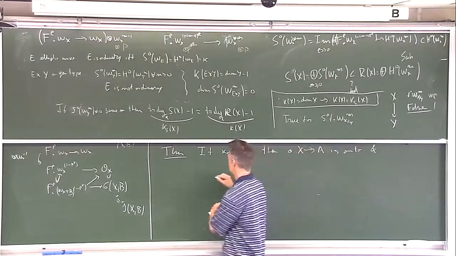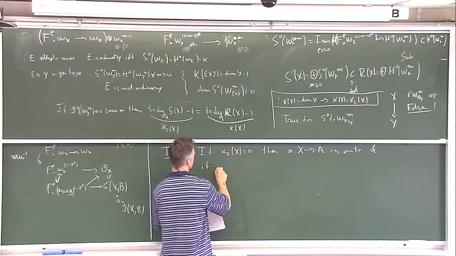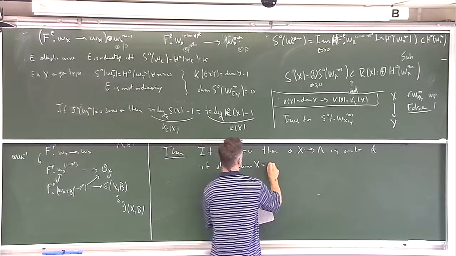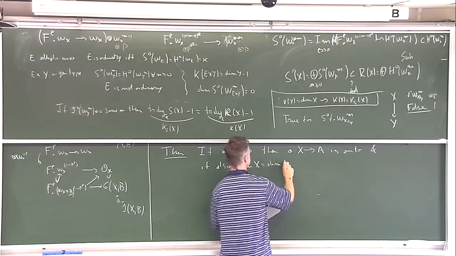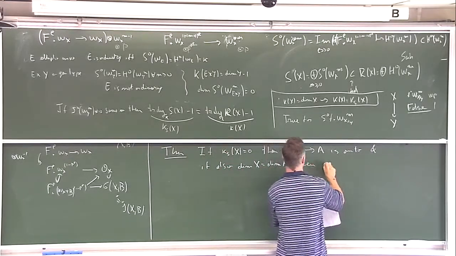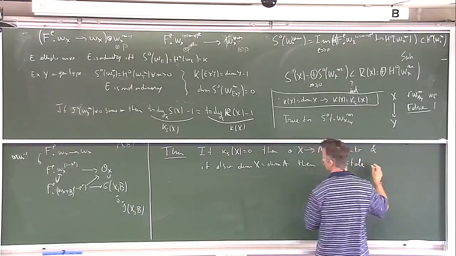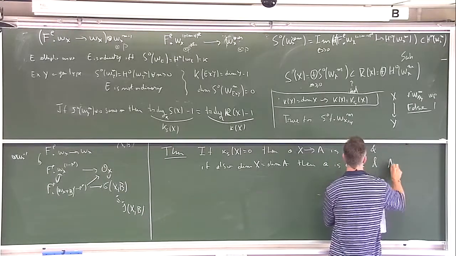And if also the dimension of X is equal to the dimension of the Albanese, then A is the top, and A is ordinary.